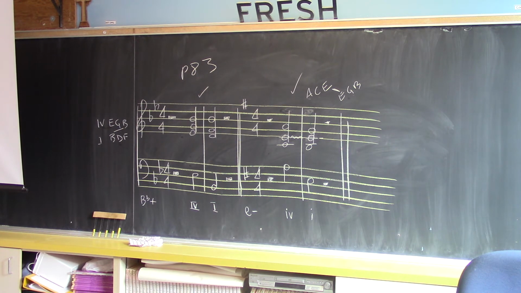But the leading note here is not relevant because it doesn't appear in the chord 4 and it doesn't appear in the chord 1. The leading note will always, in these cadences, if you're using the chord 5, that's where it is.